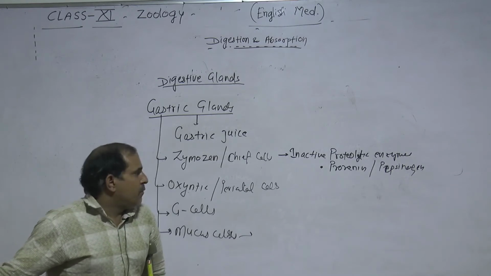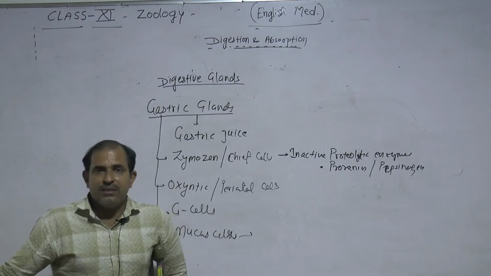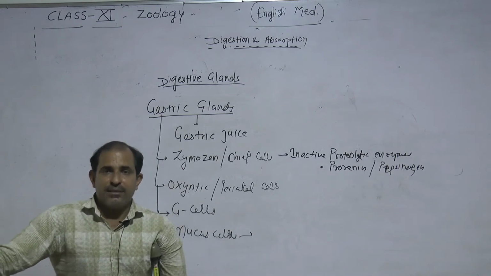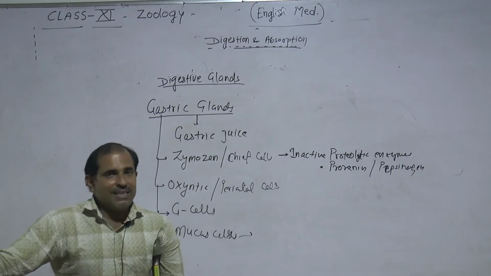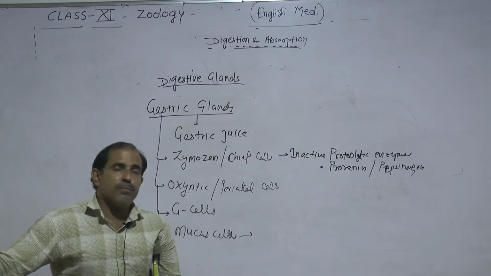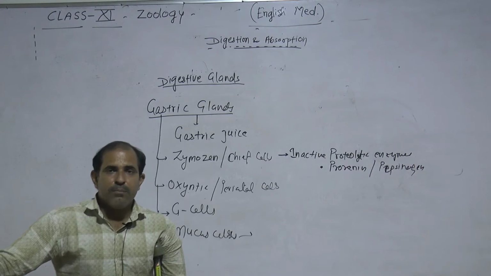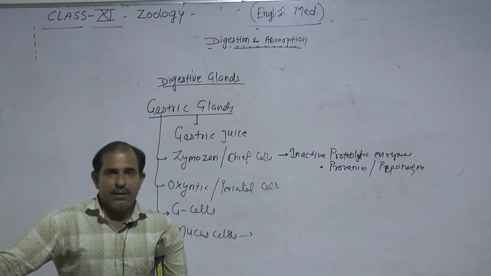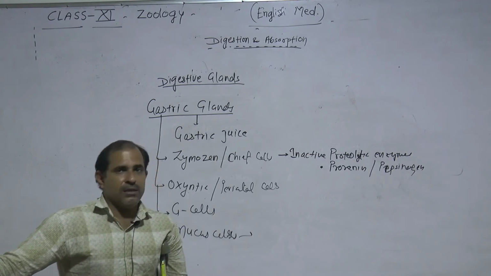And the function of prorenin is to digest the milk protein called casein. The milk protein casein is digested not by prorenin itself but by the active state of prorenin, which is called renin, because prorenin is inactive.